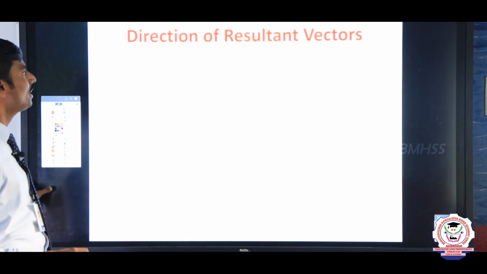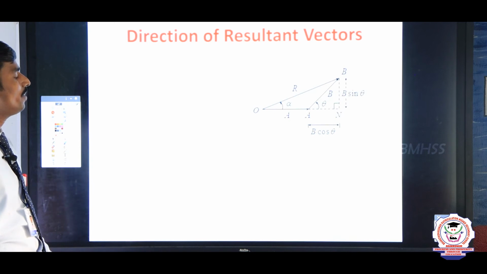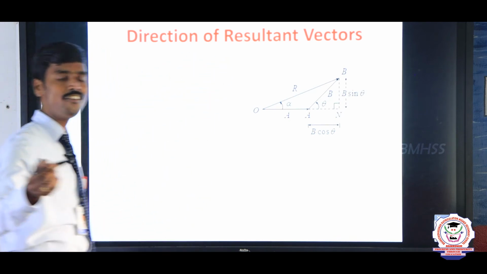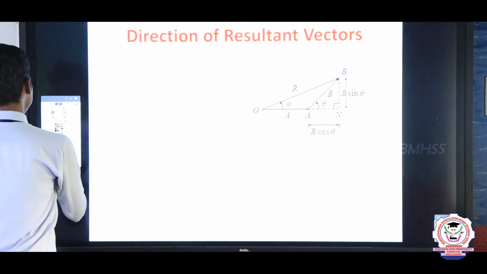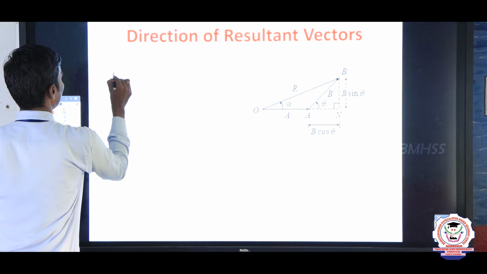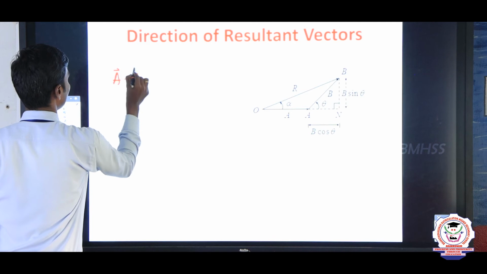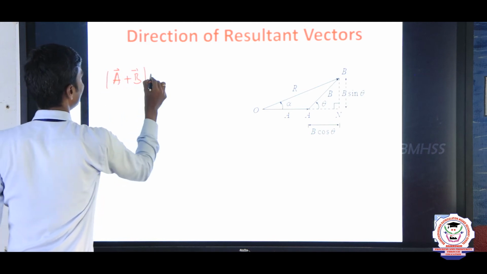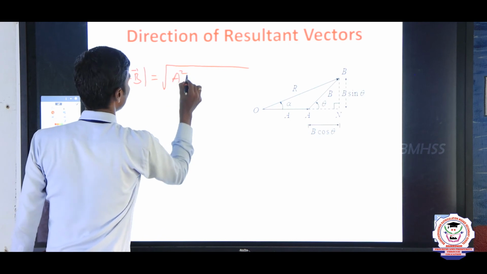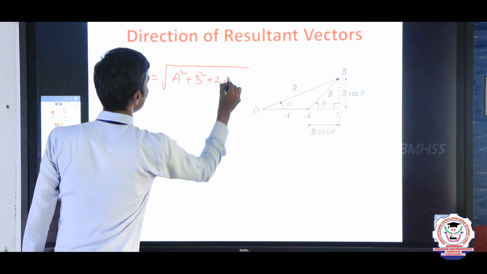Next is the direction of the resultant vector. Same concept. Let us consider two vectors, A vector and B vector, to find the direction of the resultant vector. What is called the resultant vector? Take A plus B, the modulus value, which is the square root of A square plus B square plus 2AB cos theta.